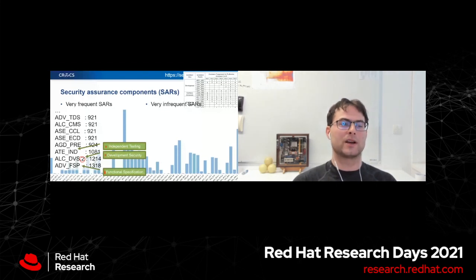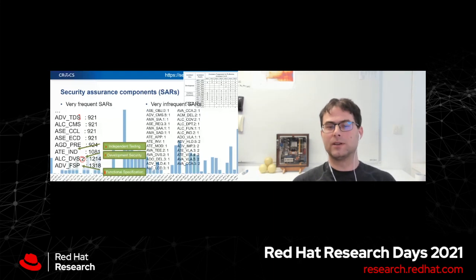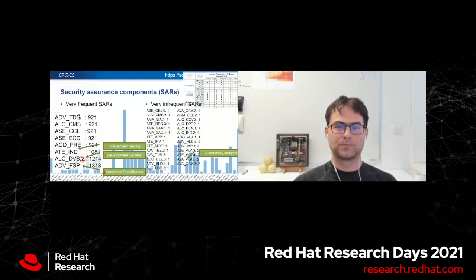So here these are the whole classes, while this one is already one specific subpart. We will take a look at this in the next slide again. And there are also some infrequent components that are almost never used. So for example, vulnerability analysis to very high level, it's seldom used.